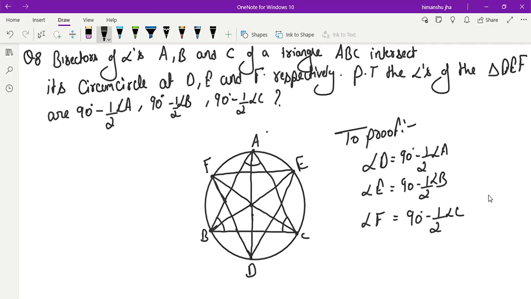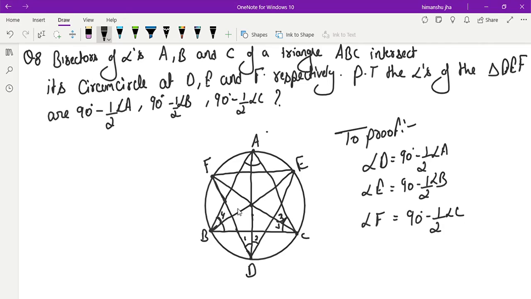Now we'll mark the angles that are required right now. Let's call this angle 1, and this angle 2. We don't know whether these two angles are equal or not. Now this part of the angle we will call 3. This and this are equal, right? No need to mark this. This is angle 3 and this half part is 4.